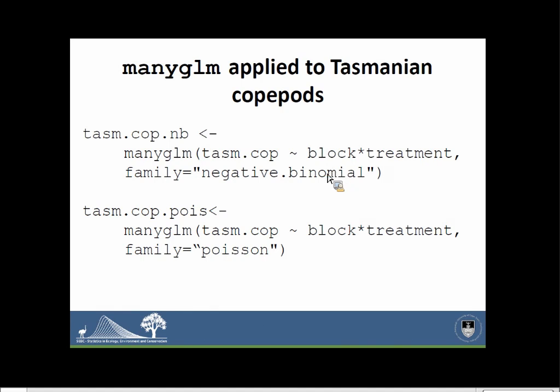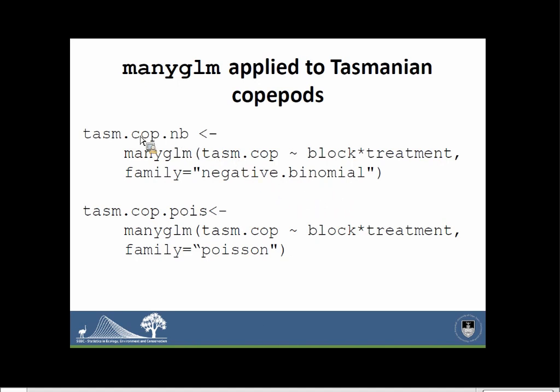The Poisson distribution, which assumes a 1:1 mean-variance relationship, and then a negative binomial, which usually is the probability distribution you go to when Poisson doesn't work, when it's over dispersed.